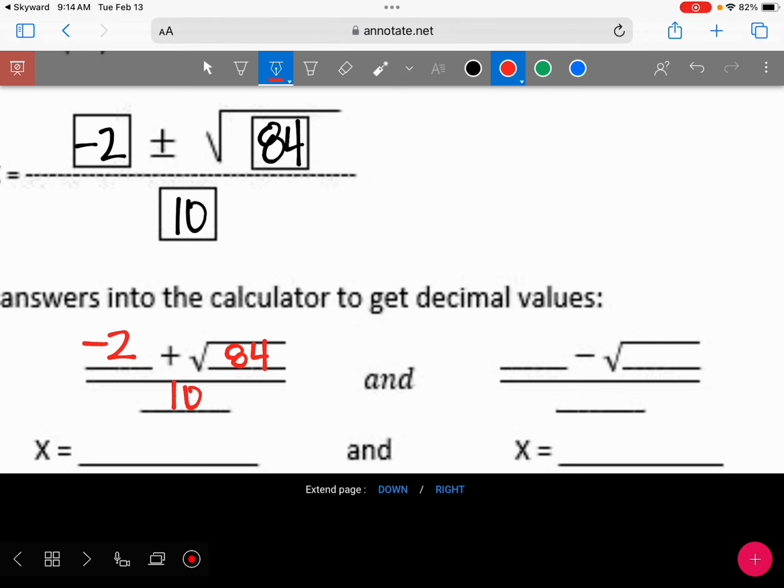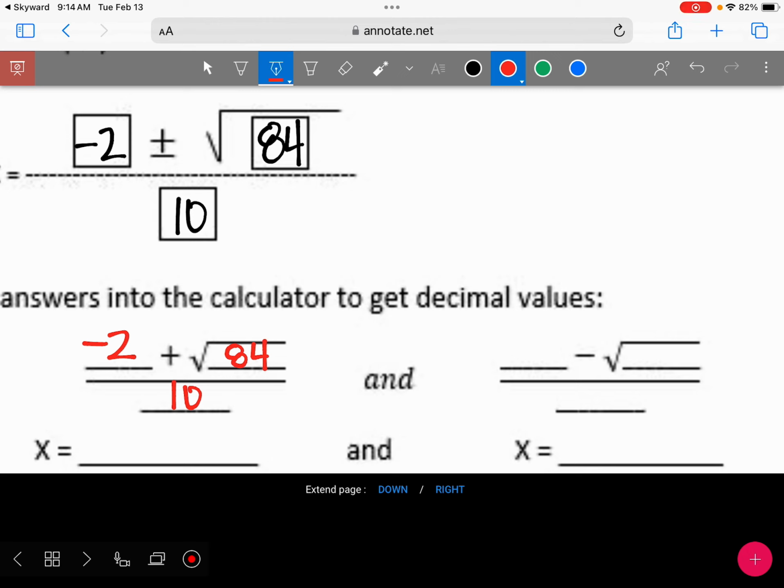This is something I kind of have to show you. So you hit clear, hit the fraction bar. Type in what you see up there, -2. Hit the fraction bar. Does everybody know where your fraction bar is? Does everyone look on your calculator? I want you to find this key.